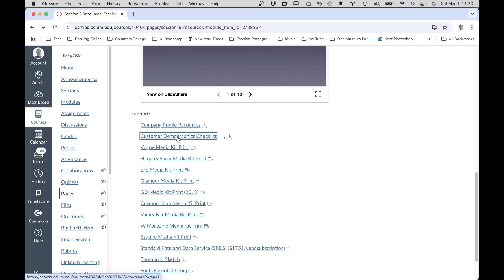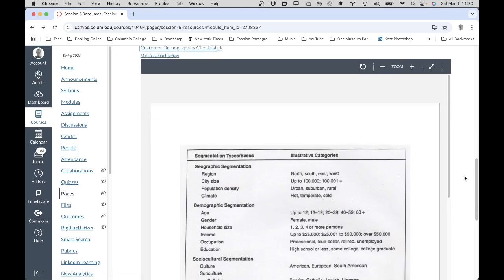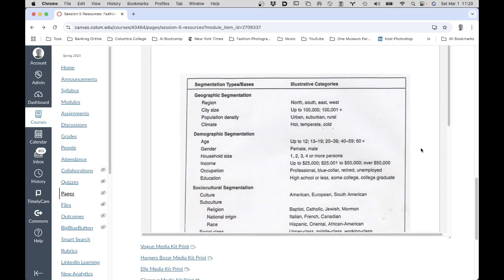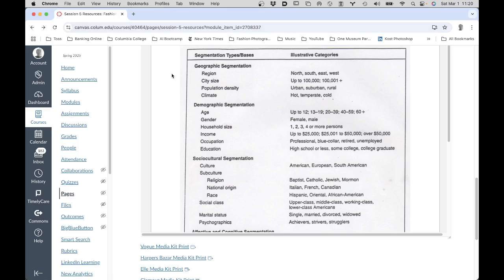This customer demographics checklist, this is exactly what you saw earlier in this. If you're not going to build the whole story, this is a place for you to start. So the person that you are trying to reach, where are they in all of this? Are they in the north only? Or are they in the south only? These would be two completely different groups of people, right? Or the east or the west. Are they all over the United States? Are they worldwide?